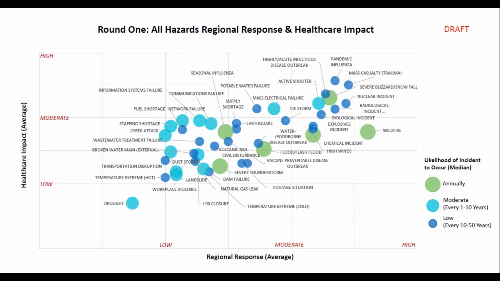And so you can see, just as an example, wildfire, the healthcare participants indicated that there would be a need for high regional response, but more of a moderate healthcare impact, whereas you can see influenza up here, pandemic influenza, is a little bit high on both of those aspects. And I guess I can look at mine while you guys look at yours.